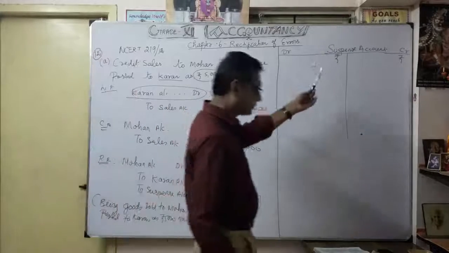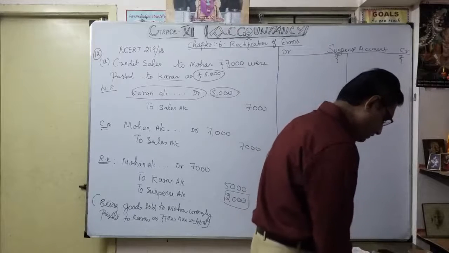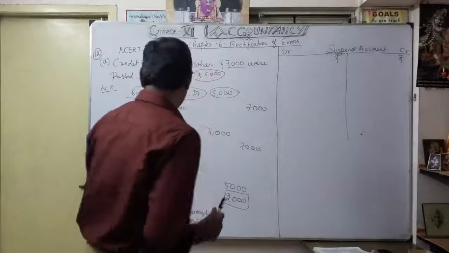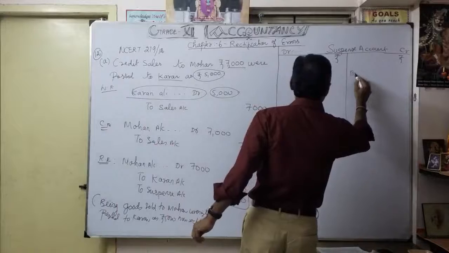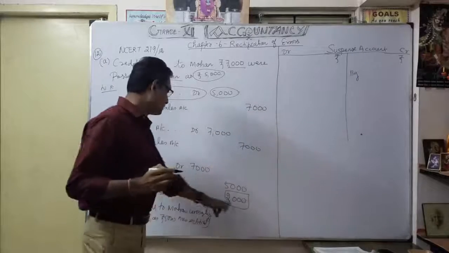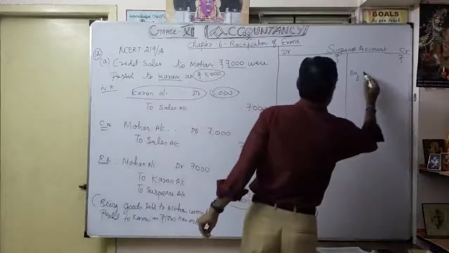Now you want to open the suspense account. That is very, very important. How are you going to post? For the suspense account we have to write by Morgan account 2,000 on the credit side.